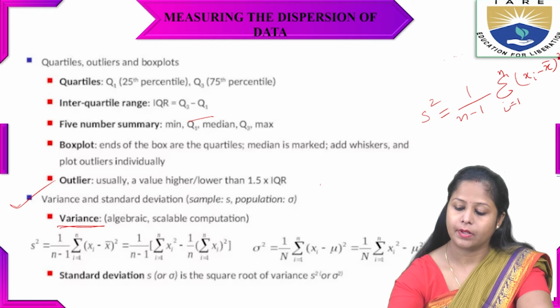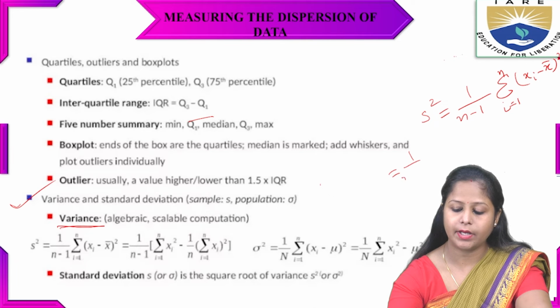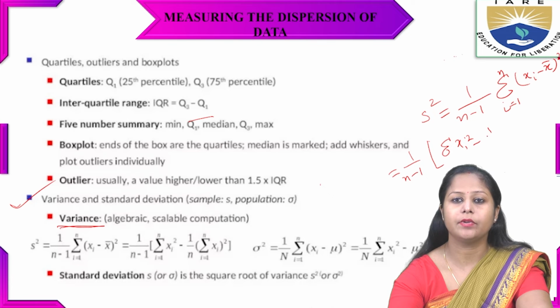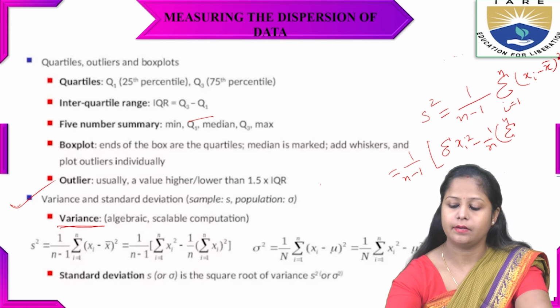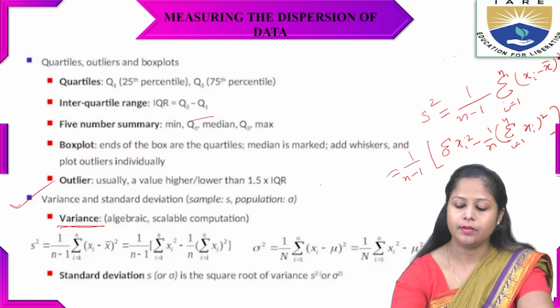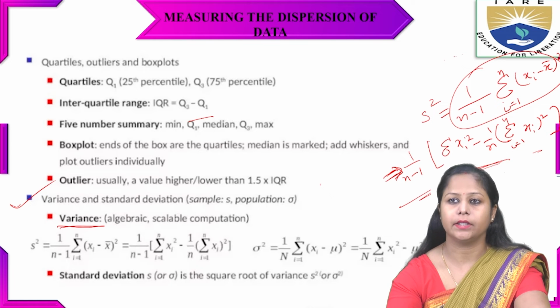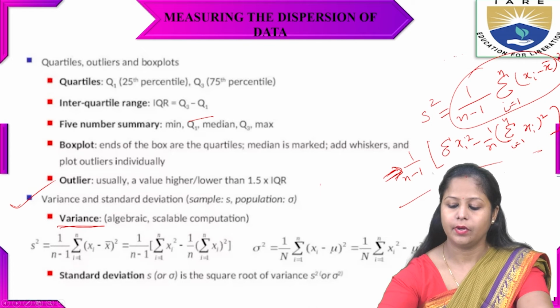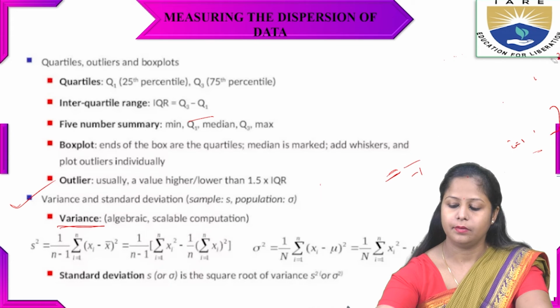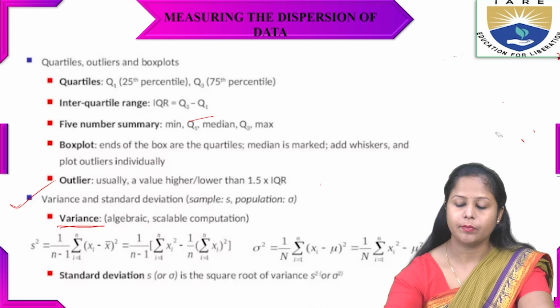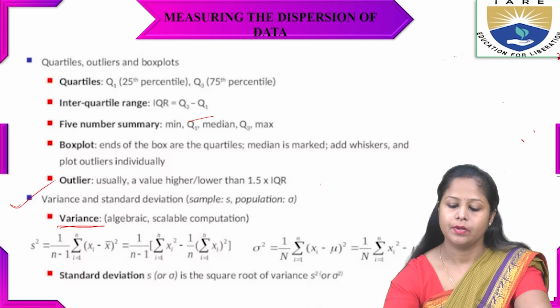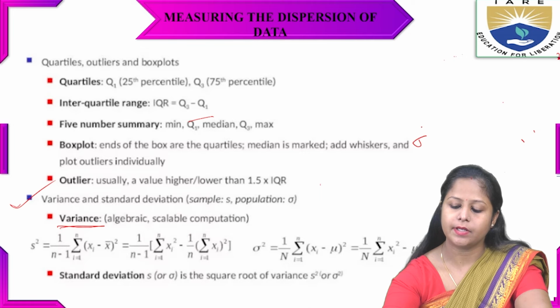In detail, we can write it as 1 upon n minus 1 times the summation of xi square minus 1 upon n times the whole square of the summation of xi. So we have opened that formula into a single line. This is the variance calculated from the sample. We need to calculate standard deviation also.